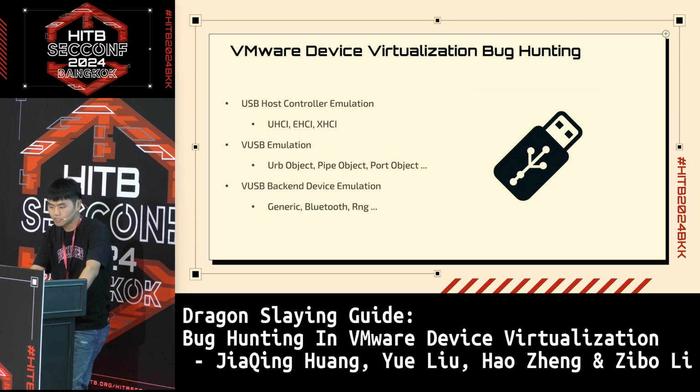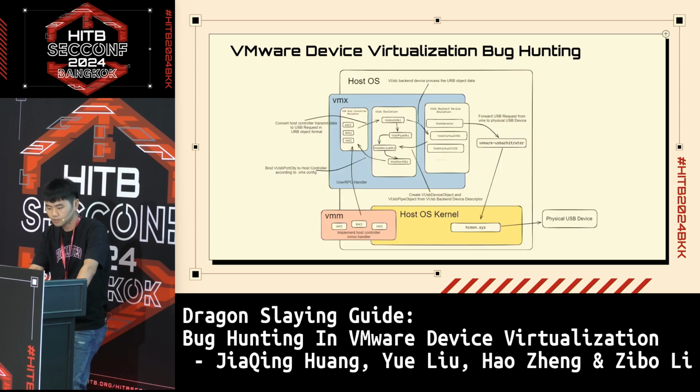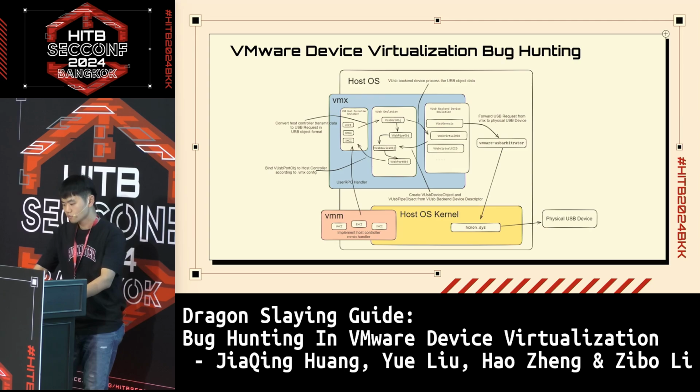Basically, we can divide the USB emulation into three parts: USB host controller emulation, VUSB emulation, and VUSB backend device emulation. When guests want to access the USB device, they will write data into memory and access the host controller MMIO space, which will trigger the VMM to handle the MMIO access, calling the corresponding user RPC call handler in VMX.